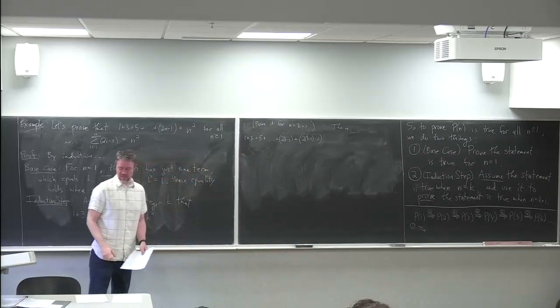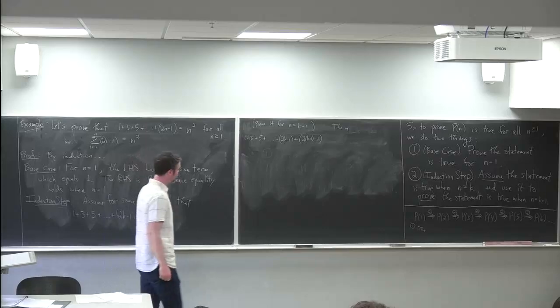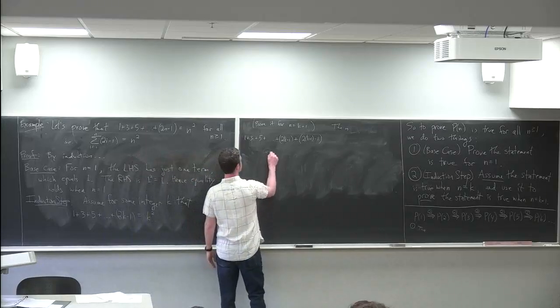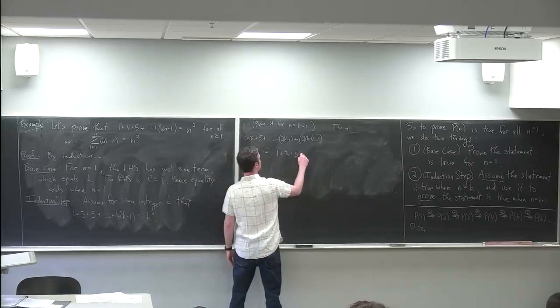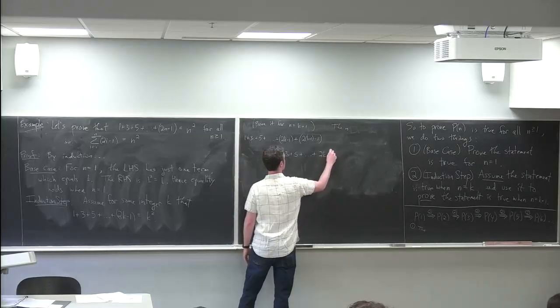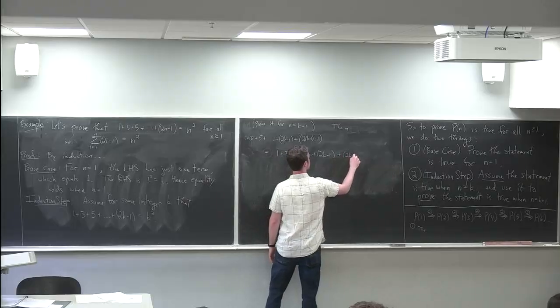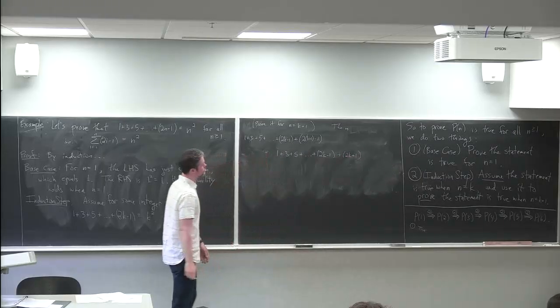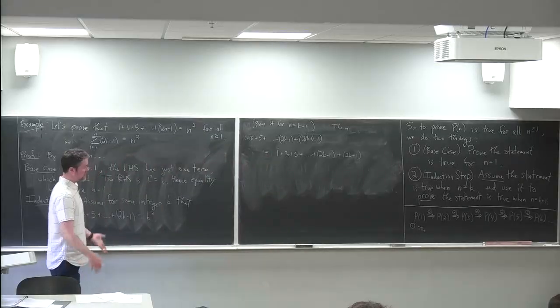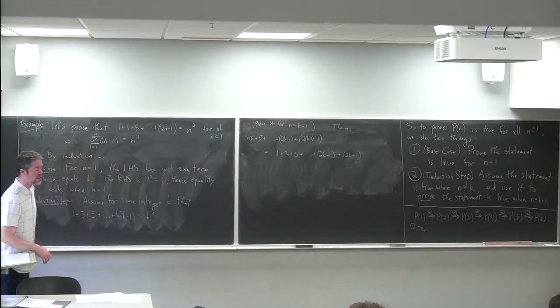That's what the left-hand side looks like. And before we do anything, let's point out that this is actually 2k plus 1. And then we have to say why it equals k plus 1 squared.